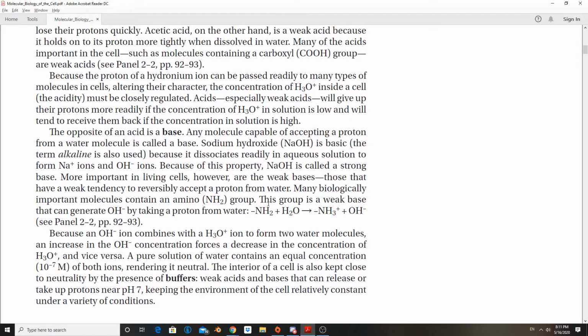Strong bases and strong acids are used in a lab chemistry setting more than a biology setting. In a biology setting, you usually use weak bases and weak acids. These are important because they essentially regulate the pH of the water by either taking or releasing hydrogen ions whenever they're present.